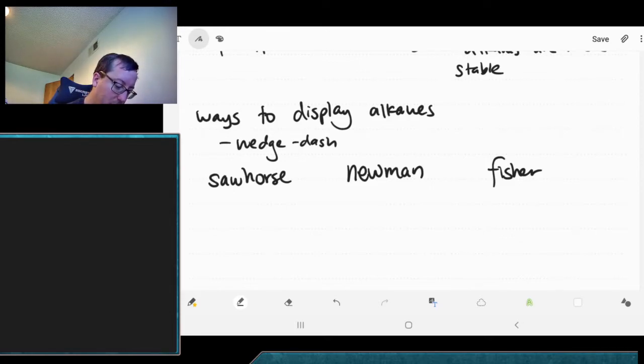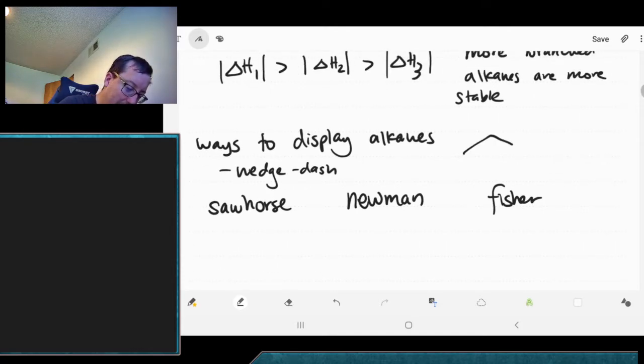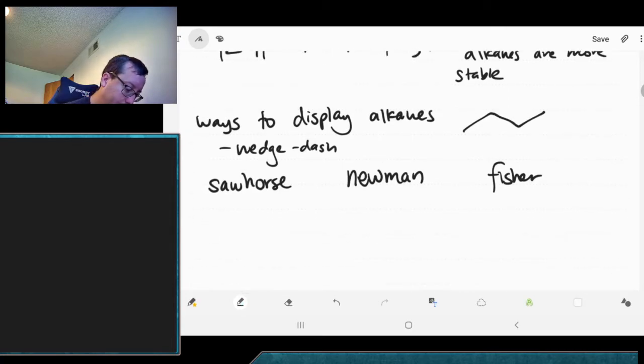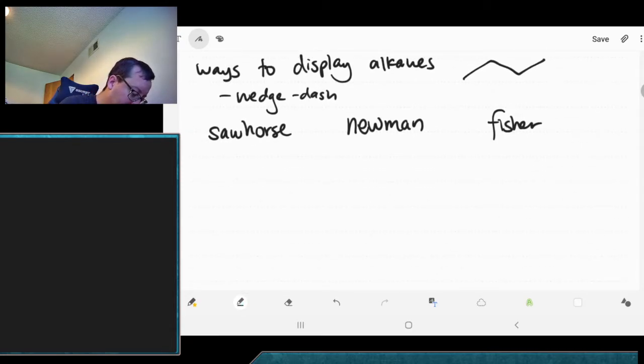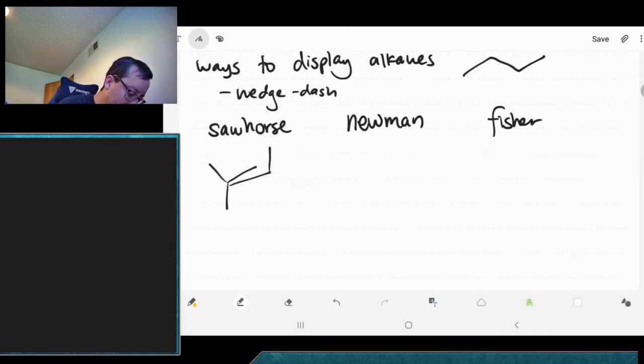And when we're looking at them, if we're, say, looking at butane, the Sawhorse and the Newman projections will look at things along one bond. And so if we're looking at things along a chemical bond, a Sawhorse projection will show us in 3D what things look like along that bond.